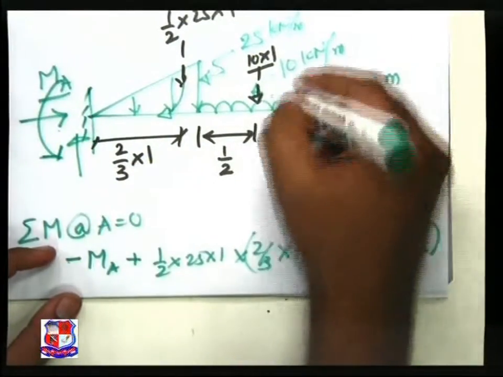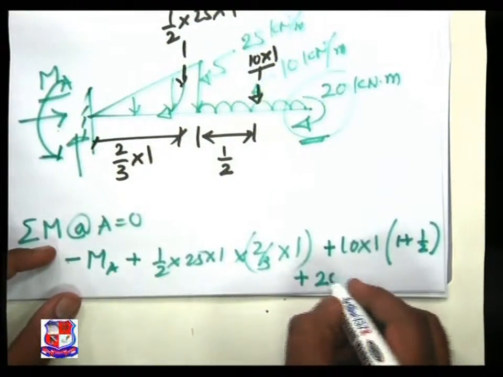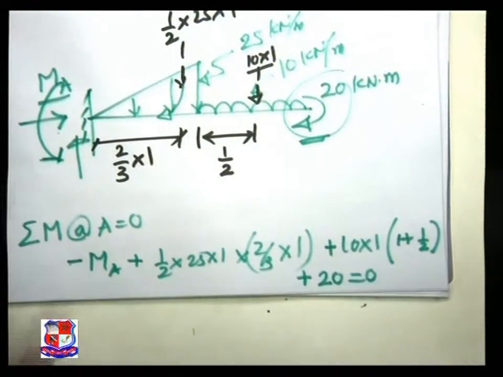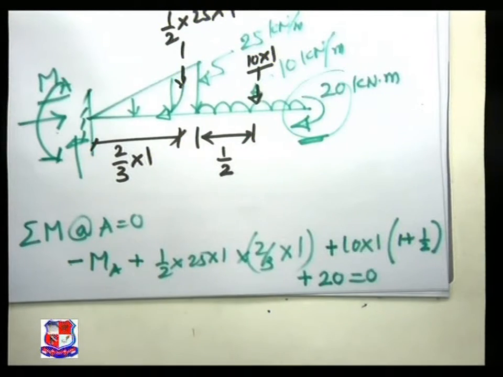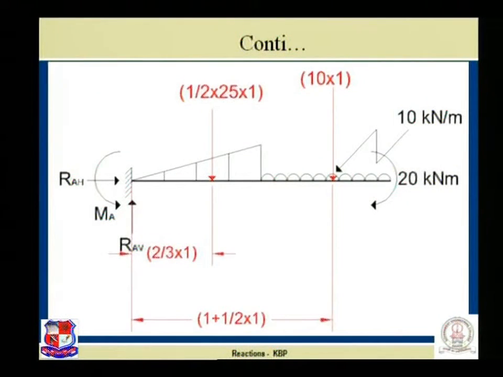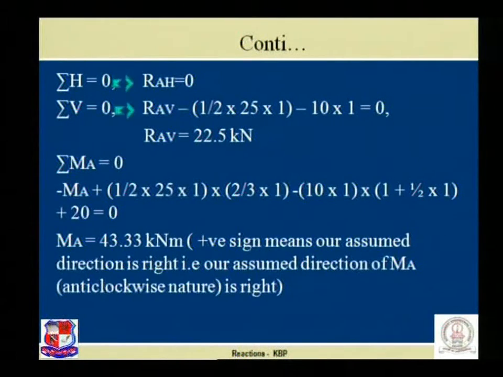This moment is there, plus 20 is equal to 0. If we solve this equation, we can achieve the value of MA as 43.33 kilonewton into meter. Here this plus sign indicates that our assumed direction is right, that is, MA is of anti-clockwise nature, the right one. Let us solve the next numerical.